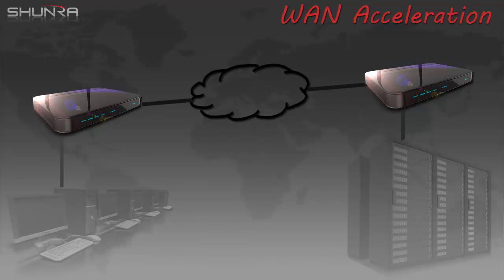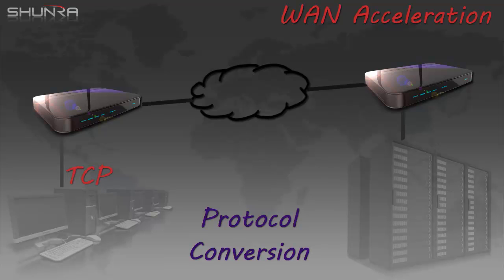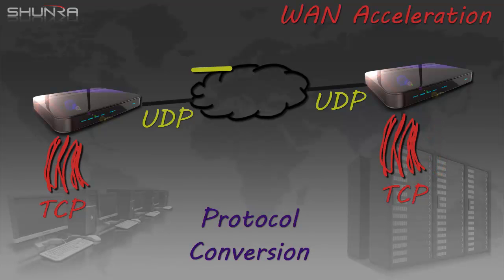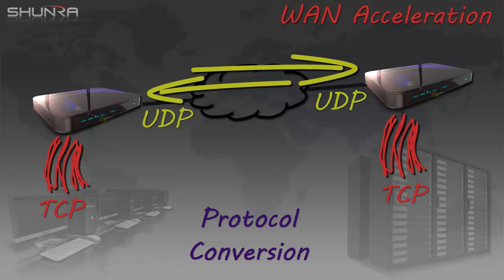Another big thing that happens in a WAN accelerator is it actually converts traffic from TCP to UDP and then back to TCP. So all your handshaking and acknowledgments are happening between your remote site and your WAN accelerator, and your data center and your WAN accelerator. After it does all the TCP acknowledgments here, it's sending the traffic back and forth via UDP.